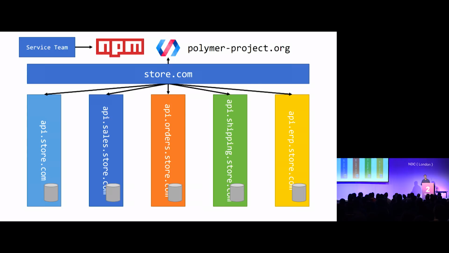So each individual service team could build an NPM module that contains that web component. And then finally, when it comes down to rendering that to the end user, since web components aren't actually supported in all the browsers, we can use a really great tool known as Polymer, from the Polymer project, that's able to render those web components and polyfill them for all of the browsers that don't exactly support this.